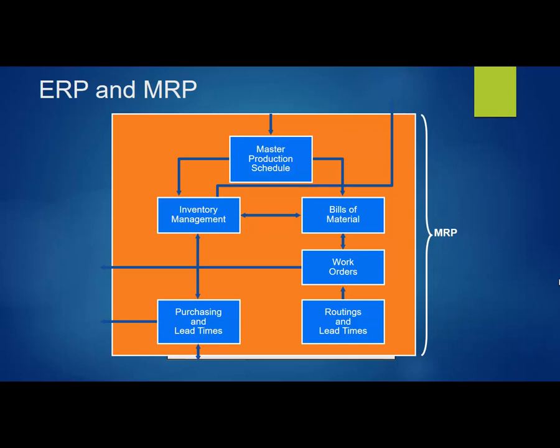So now we have the master production schedule, inventory management, bill of material, work orders, purchasing and lead time, and routings and lead time in the MRP system. All of that will be connected to the other components to make sure that the flow of the three components, the material, the transactions, and the information, will be as efficient as possible.